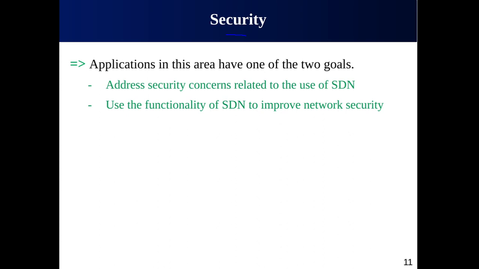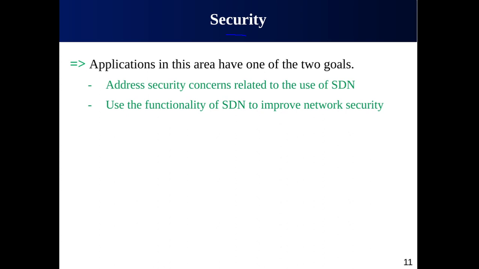So threats are possible at any of these three layers, or it is even possible that the communication between these three layers, with the help of APIs and different interfaces, is also at risk, because you cannot eliminate security and privacy issues from any type of network. So SDN is not an exception.